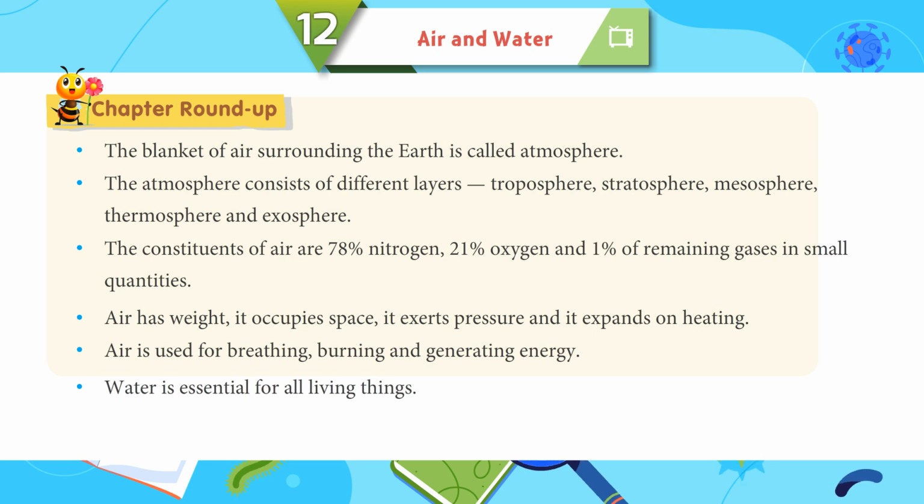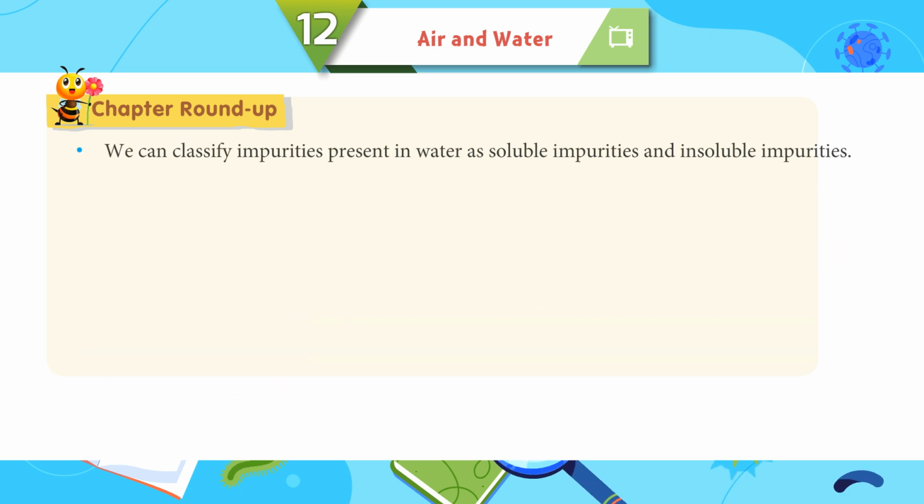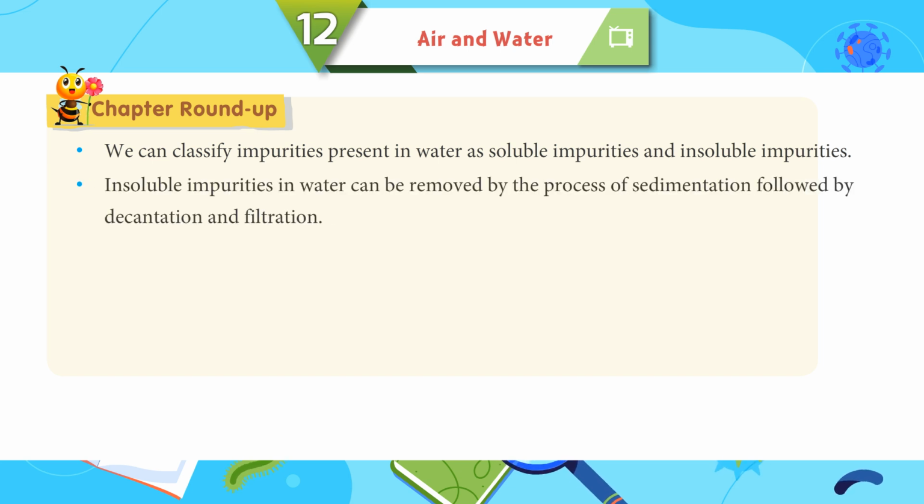Water is essential for all living things. We can classify impurities present in water as soluble impurities and insoluble impurities. Insoluble impurities in water can be removed by the process of sedimentation, followed by decantation and filtration.